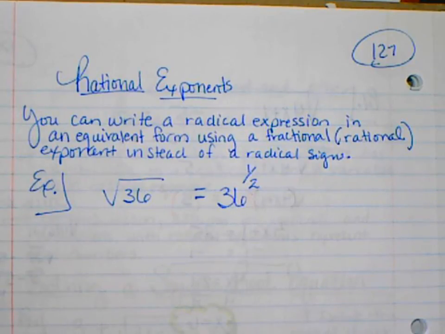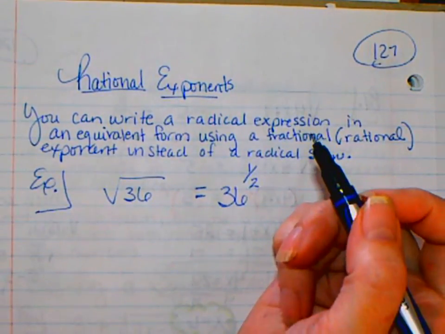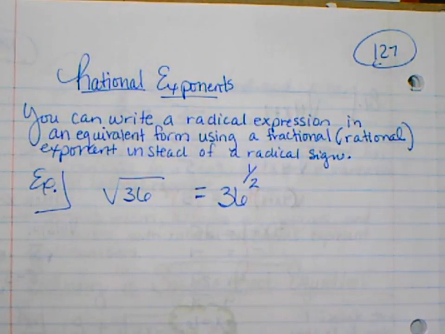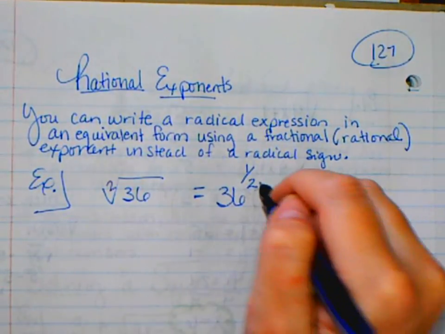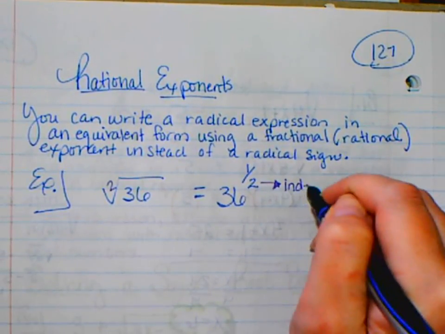Let me show you. What's the index here? What's in the elbow? What root am I taking? The square root. Right? Notice there's a 2 right here. That comes from the index.